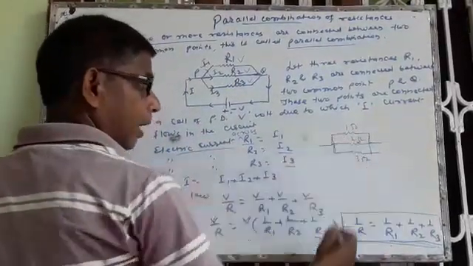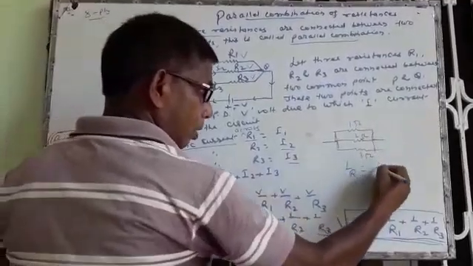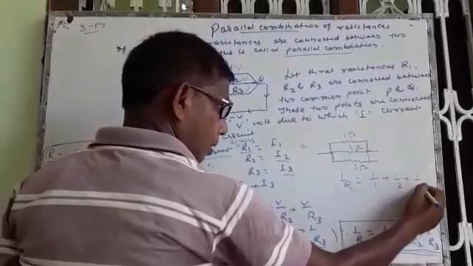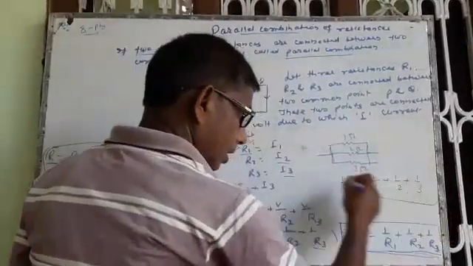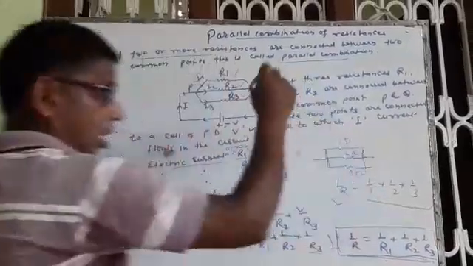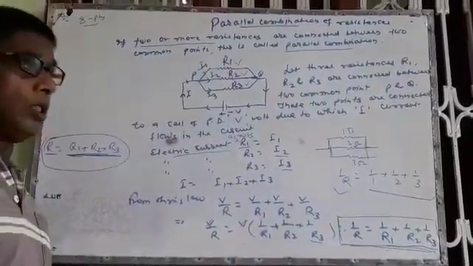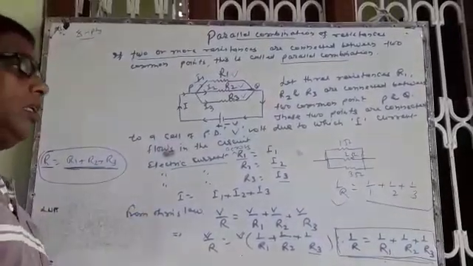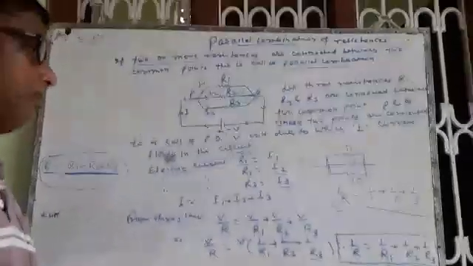Since these are in parallel, we can easily calculate 1 by R equals 1 by 1 plus 1 by 2 plus 1 by 3. We have to solve it and we get the value of R. So in parallel combination of resistances, the total value becomes very, very less, even less than the least value in the given problem.